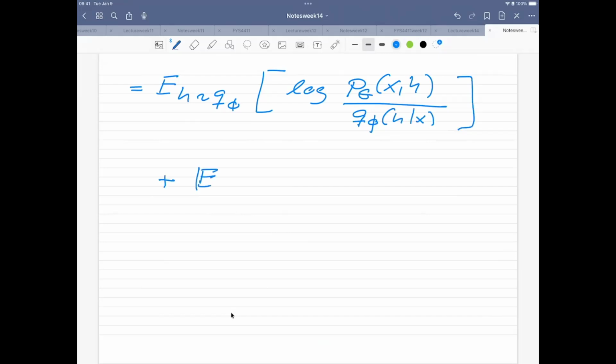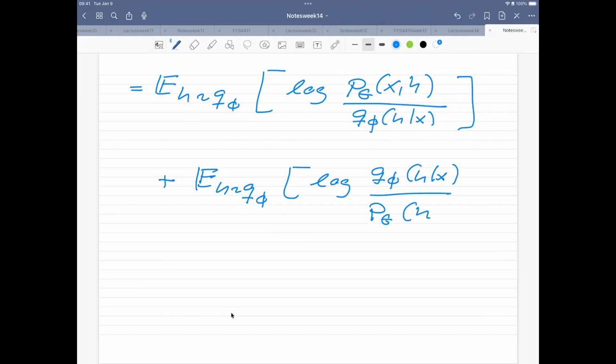These are expectation values of h drawn from q of phi, and then I have log of q of phi of h given x divided by p theta of h given x.